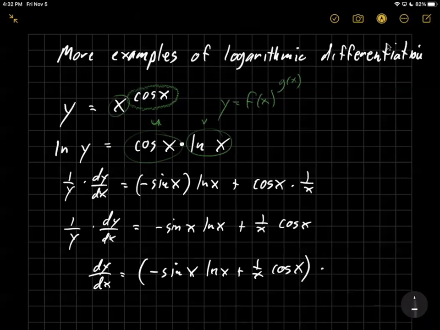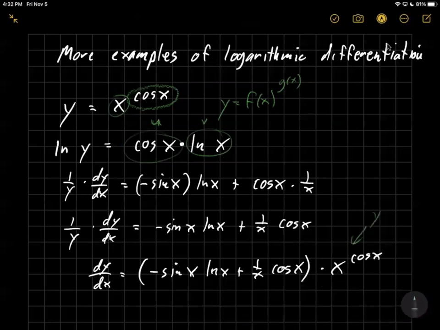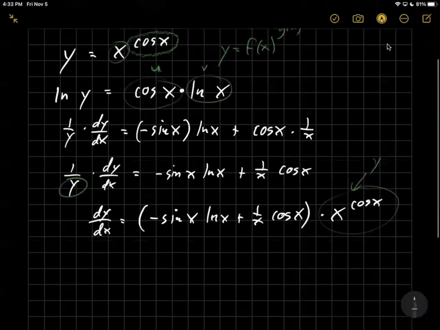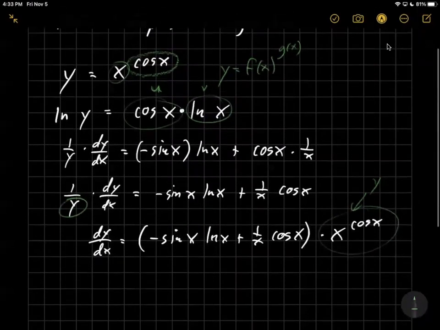Instead of writing y, we could just write x to the cosine x over here because this is y. So we can just write in the original expression when we bring it over. And that happens in all of these logarithmic differentiation problems, where at the end you multiply everything by the original expression. So that one you had to use logarithmic differentiation.